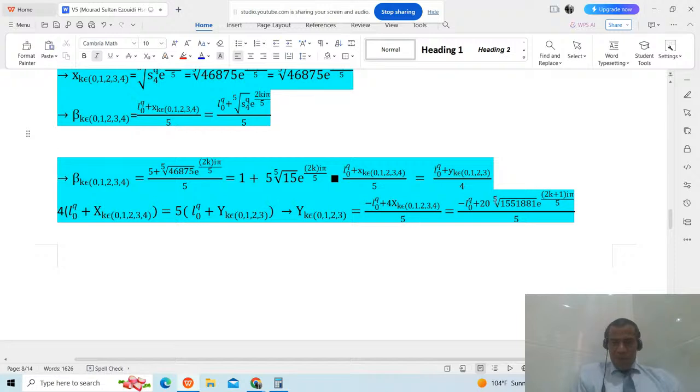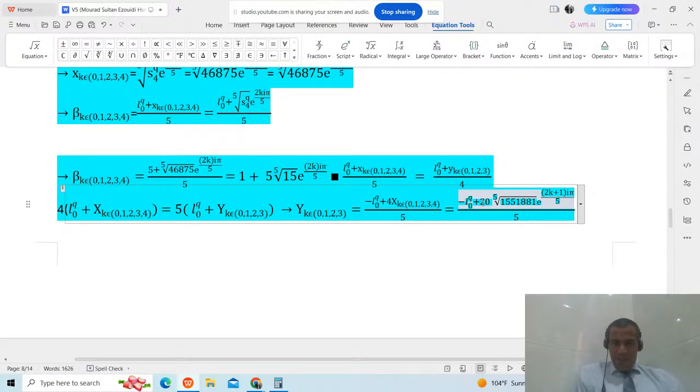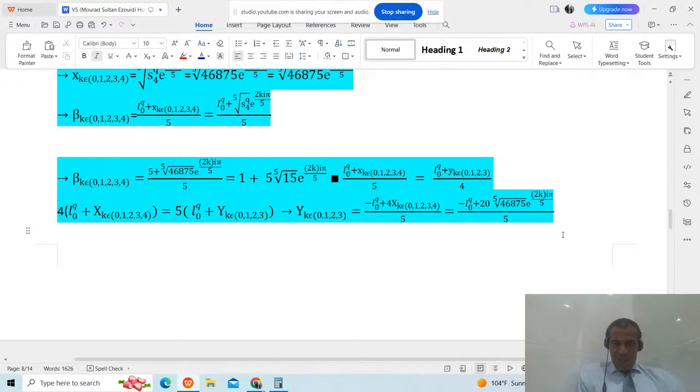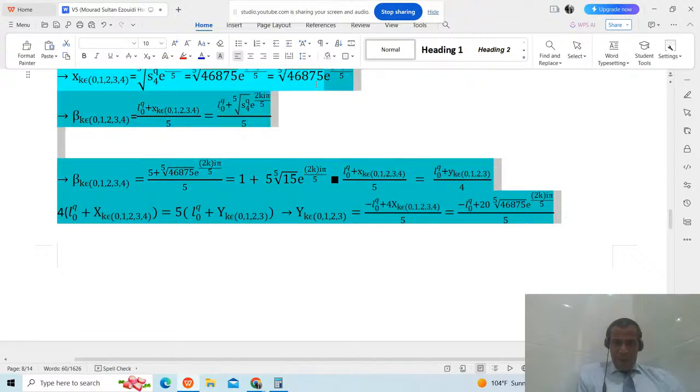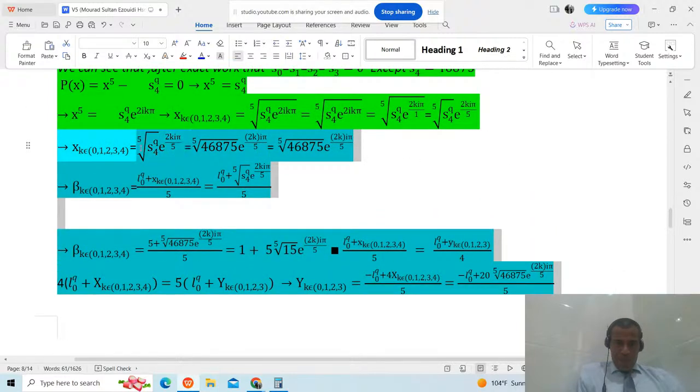Now I will use the last one, which is 5 by 5 is 20 times what? But I should ignore the one here because it's not negative. I will take all of this because I need it. Copy.